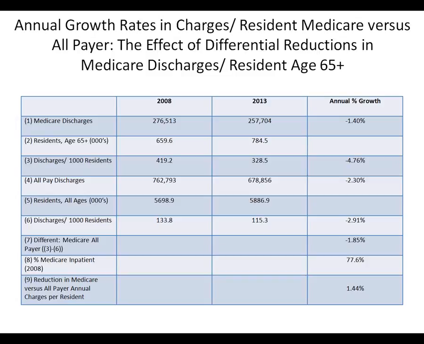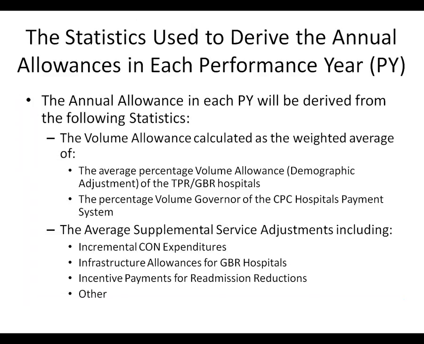So let me, I do have just a little bit more work to get through here. If we go to slide 17. I just want to begin here by enumerating the statistics that will go into the annual allowance calculation. Remember, this paper is a proposal for how you calculate the annual allowance, and we haven't yet discussed the annual allowance.